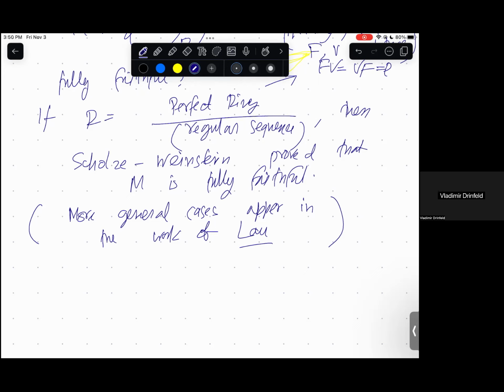This year I posted three e-prints. And in the first one, there is an appendix in which I give a conjectural description of the stack BT_infinity. And BT_infinity is another word for p-divisible groups.